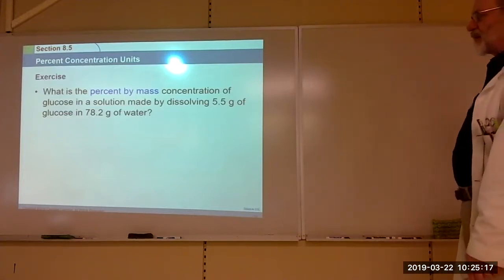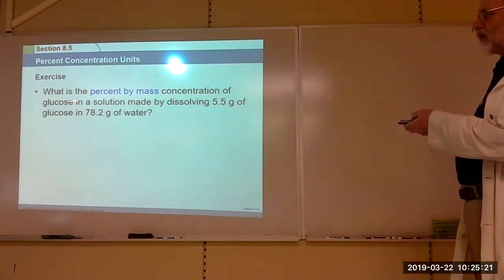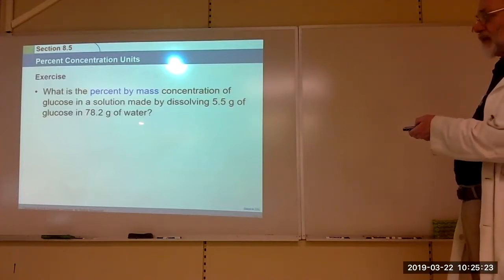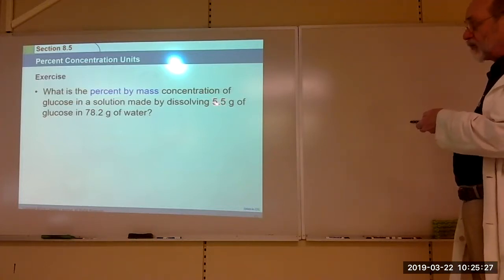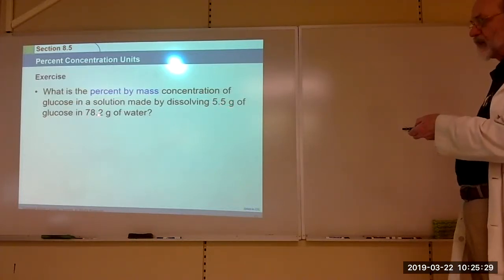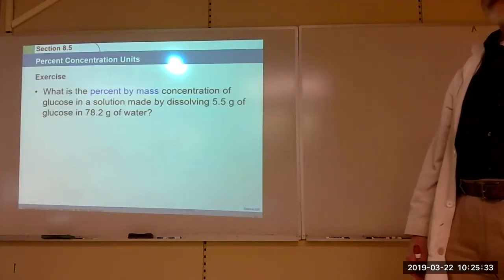So for percent by mass of a solution where we have 5.5 grams of glucose in 78.2 grams of water, we would have to say 5.5 grams plus 78.2 is the solution mass.